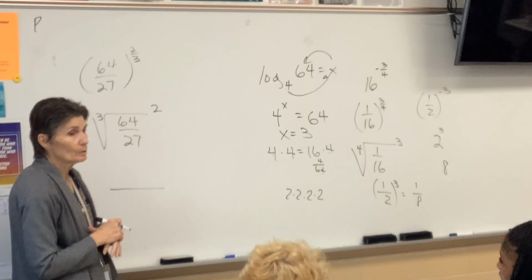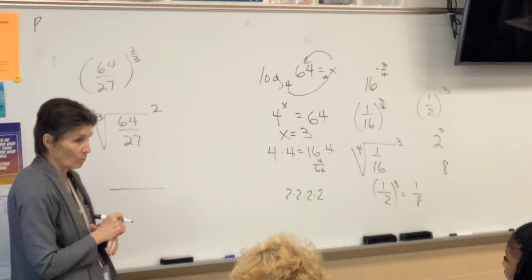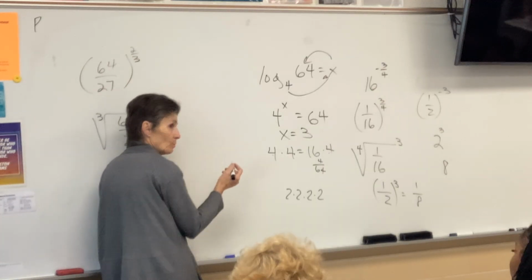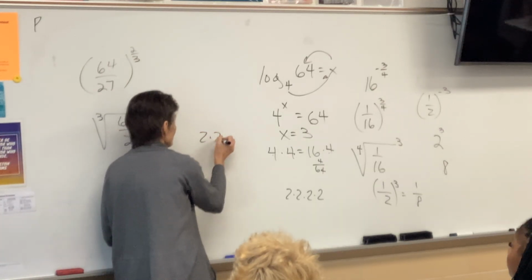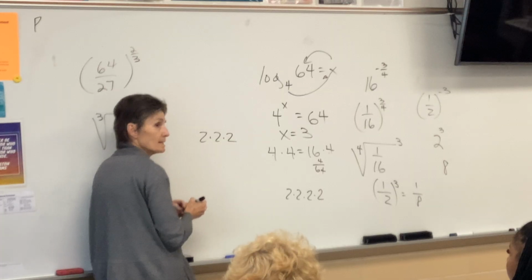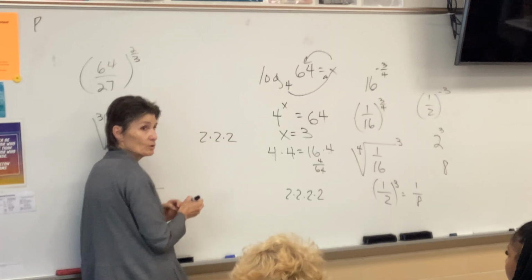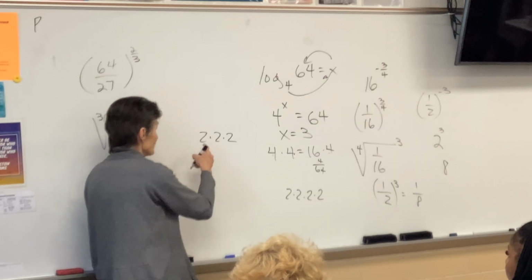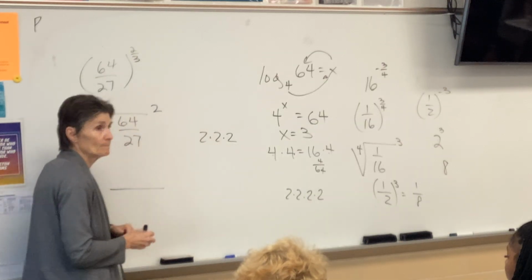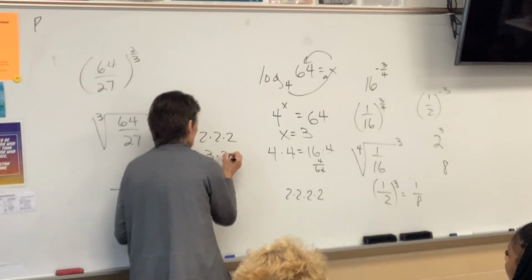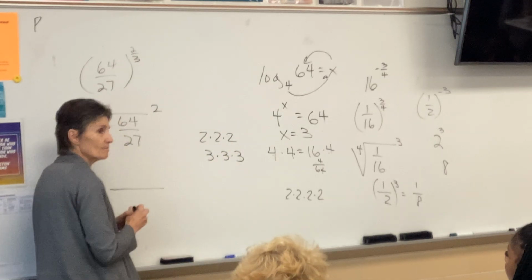The cube root of 64. That means times itself 3 times, right? I'm using trial and error in case I don't know that the cube root of 64 is 4. You don't have that memorized. 2 times 2 times 2 is 64? Nope. How about 3 times 3 times 3? Is that 64?